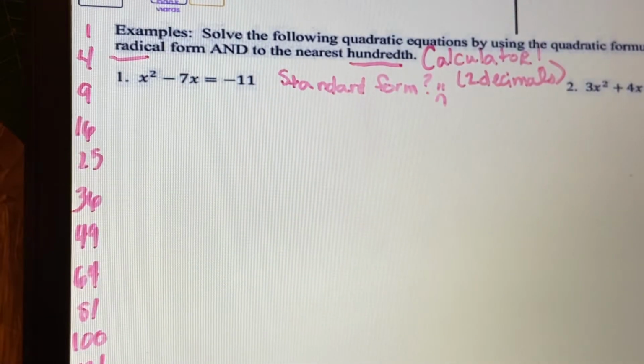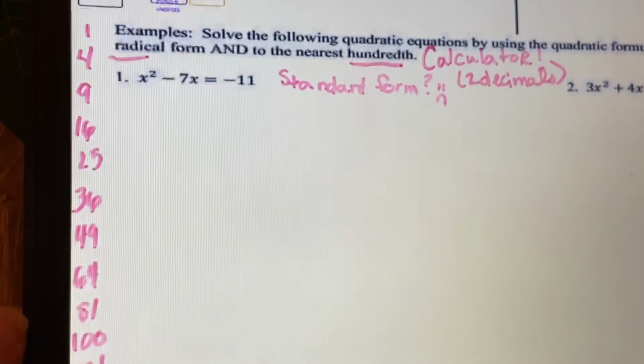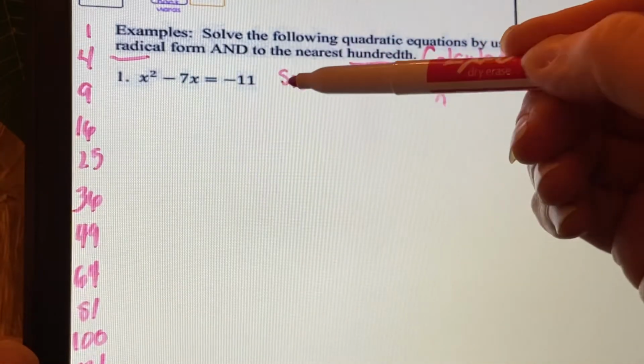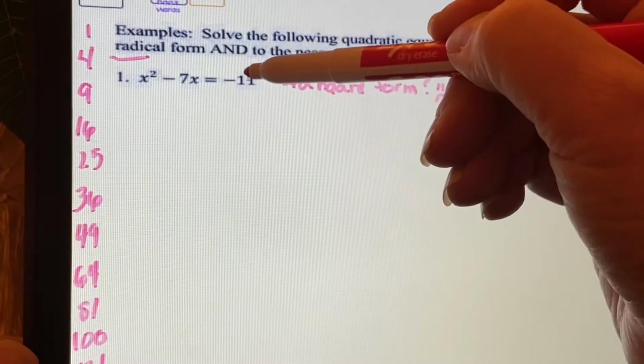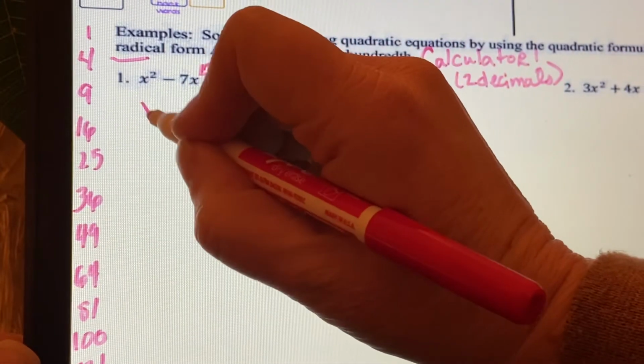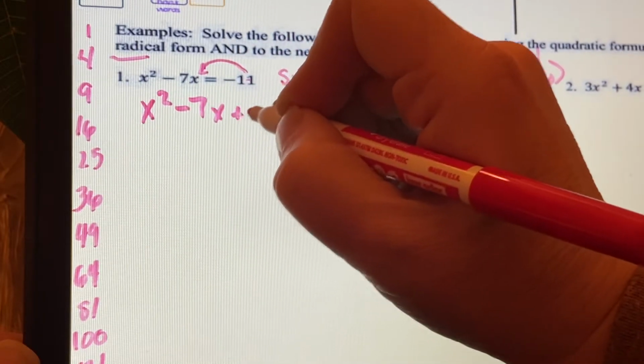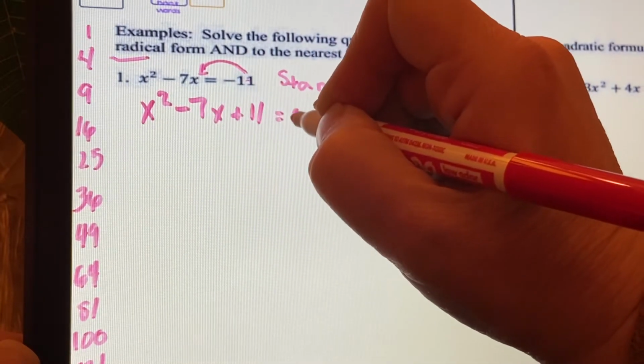Which doesn't mean we can't do it. It just means we have to do some work before we can. Okay, so we need to get this -11 to the other side. So if we bring this over, it's going to come over as a positive. So we'll have x squared minus 7x plus 11 equals 0.